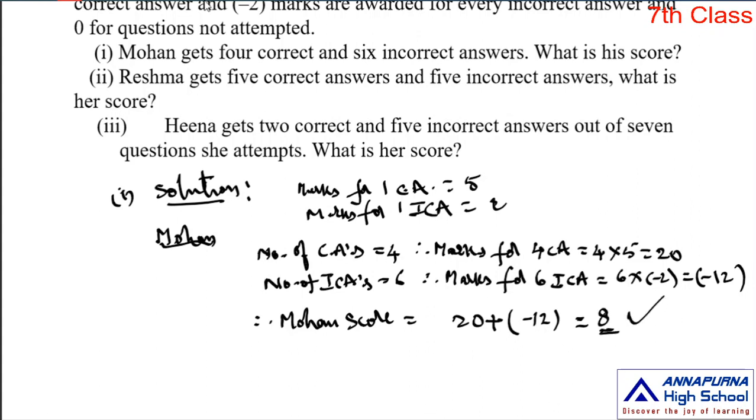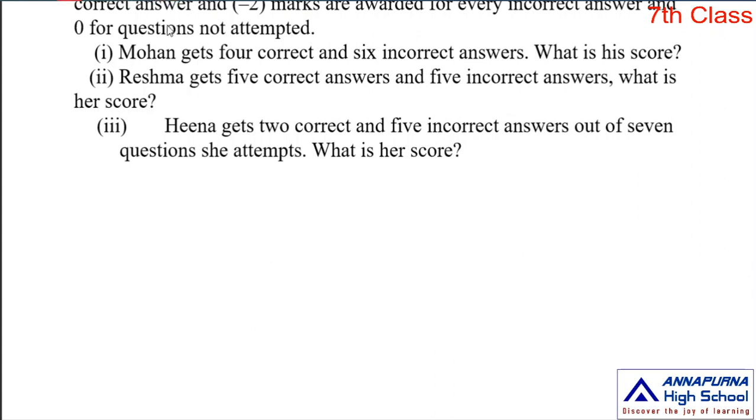Now let's come to Reshma. Reshma gets 5 correct answers and 5 incorrect answers. What is her score? This is the same as the previous one, so you try at home. Now the third one, let me do the third one. Hina.